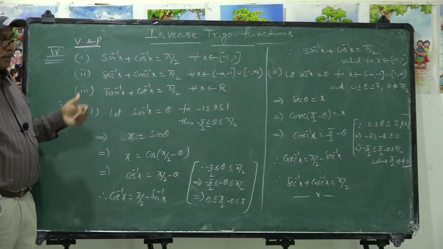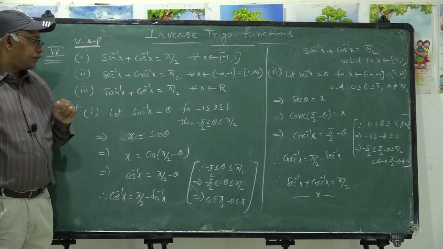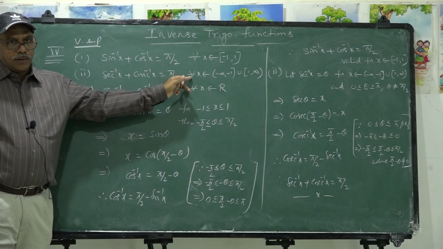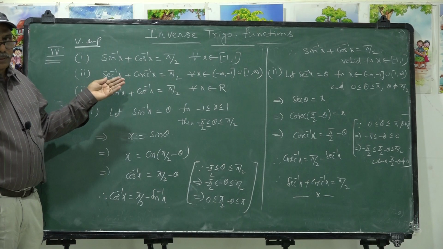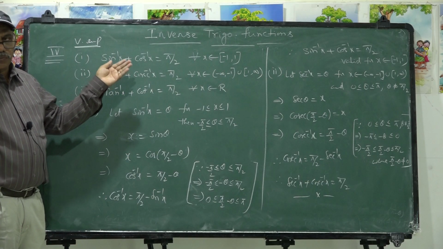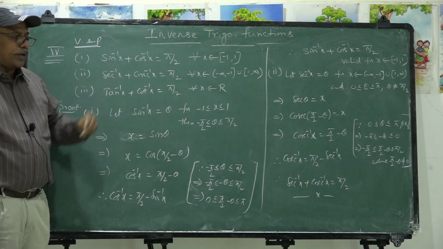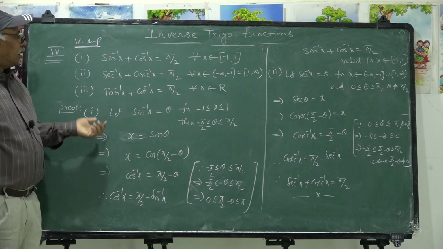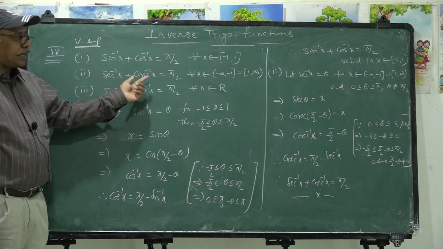Similarly, secant inverse x plus cosec inverse x is pi by 2 whenever x does not lie between minus 1 and 1. That means x lies within the interval minus infinity to minus 1, union 1 to infinity, the common domain of secant inverse and cosec inverse x.